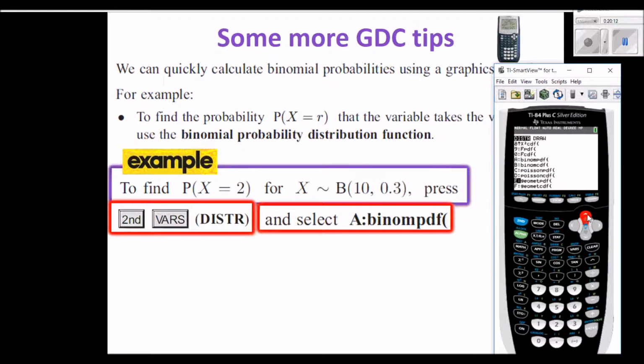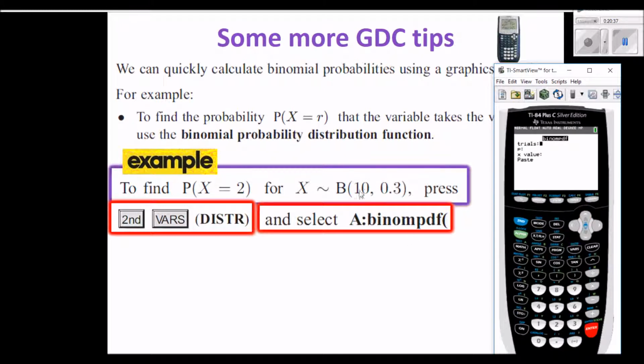There's binomial CDF and there's binomial PDF. So this is just the probability distribution function for when it's x equals an exact value. As opposed to x is greater than or less than, in which case we'll use the cumulative distribution function. We're using PDF here. So select PDF, and press enter on there.